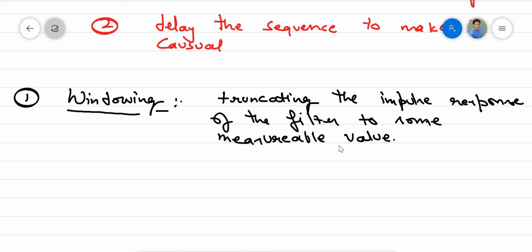So what we can do is multiply the filter impulse response with a window function, right? We do a multiplication process and that will lead to a function which is truncated. So we will call this ht(n), which is equal to hd(n) into w(n).